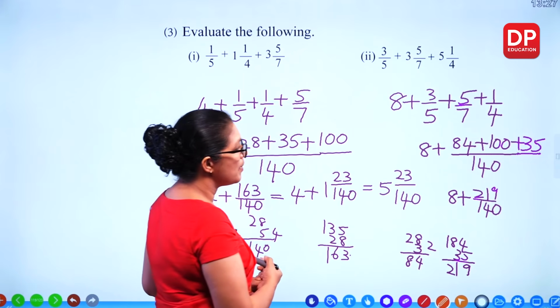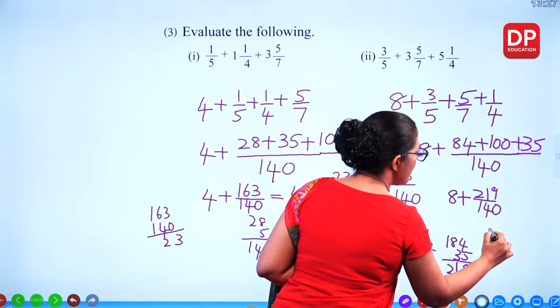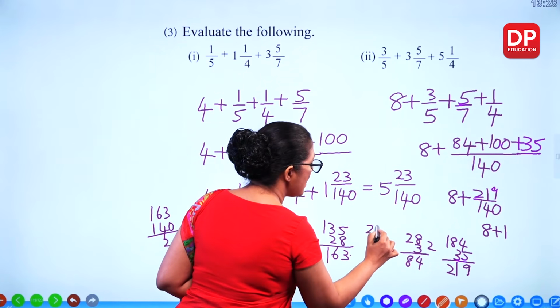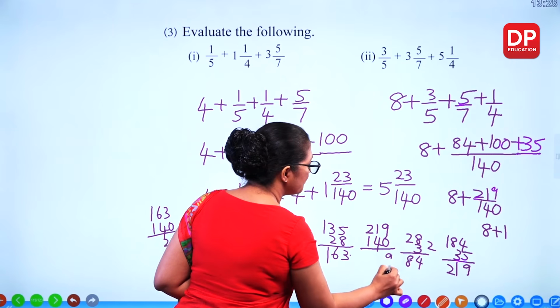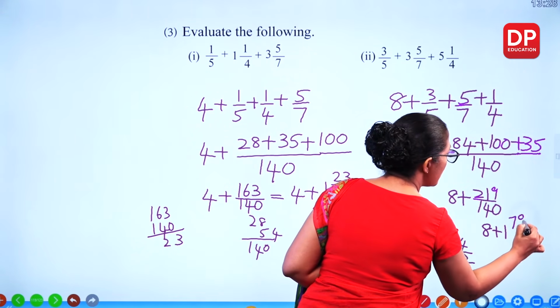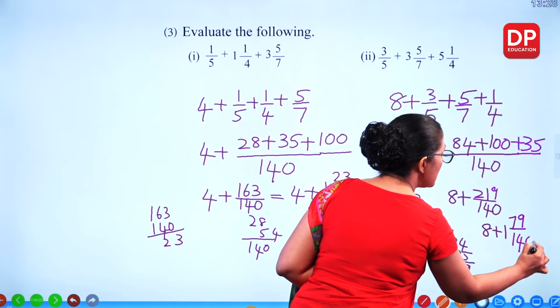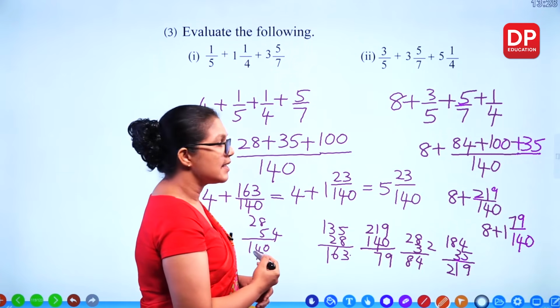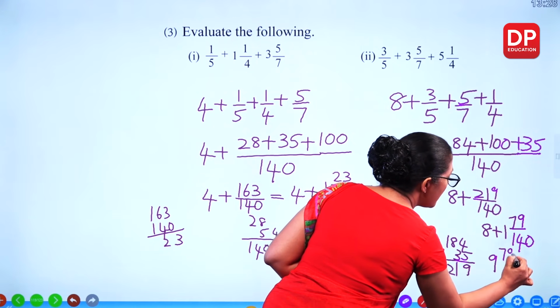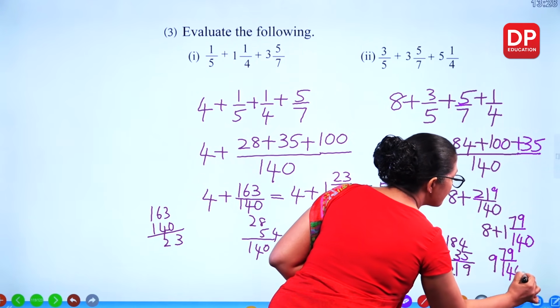You can't get double, so 1 and 219 subtract 140, you get 79. So 79 over 140. So what's the final answer? 9 and 79 over 140.